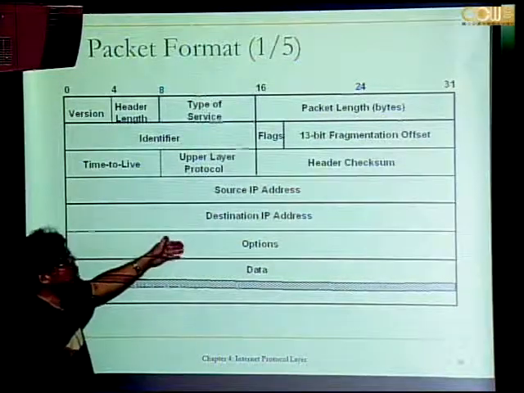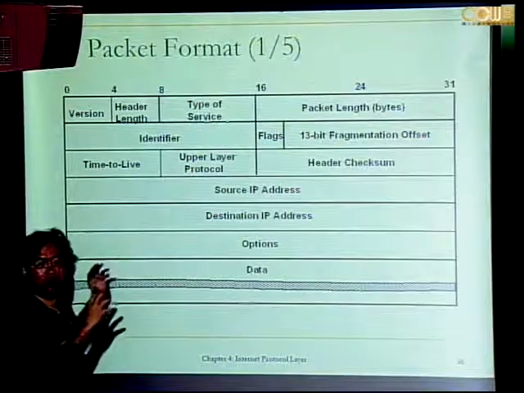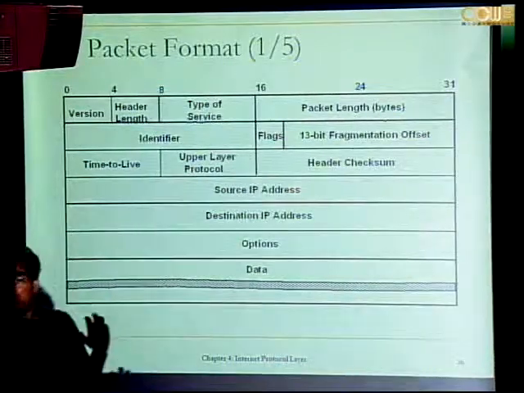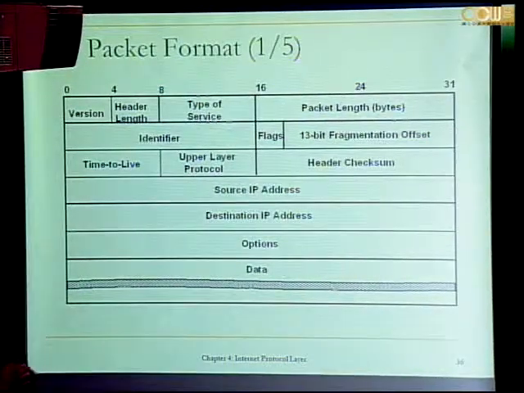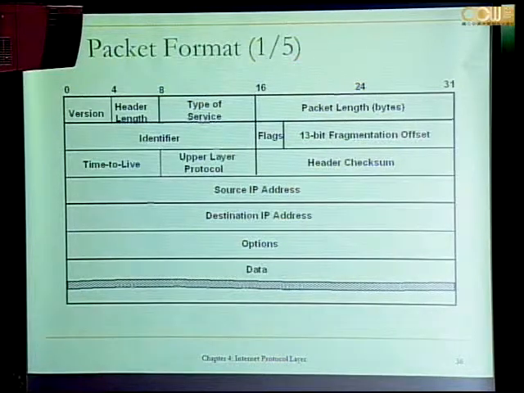But in the option field, there's a format. There's a format for how you write the address for Y and also for the entire path, if you like. If you need to put an entire path, there's a format for that. And there's a format to indicate whether this is strict source routing or loose source routing.